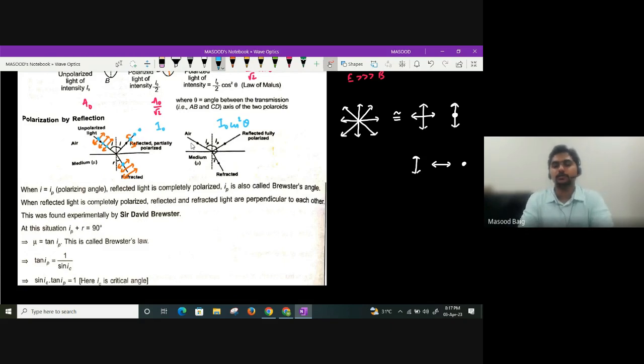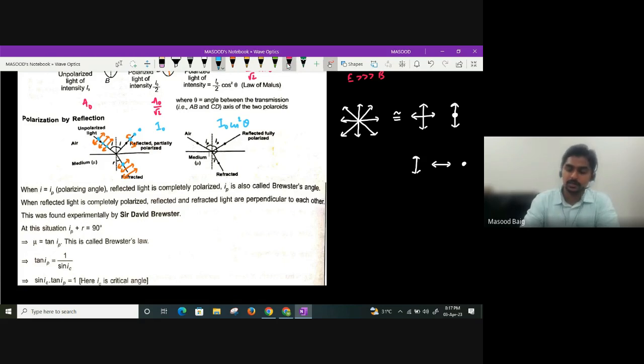Whereas whenever unpolarized light is incident at a particular angle called the polarizing angle, the reflected light will get fully polarized, and the refracted light will still be partially polarized only. In that case, the reflected light and refracted light will be moving perpendicular to each other.